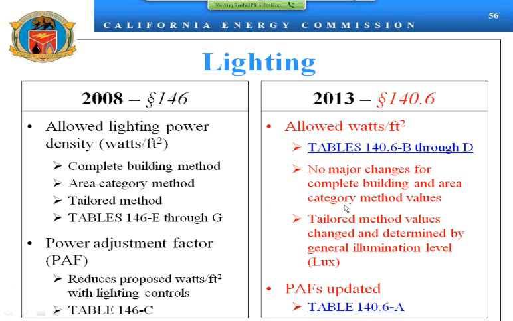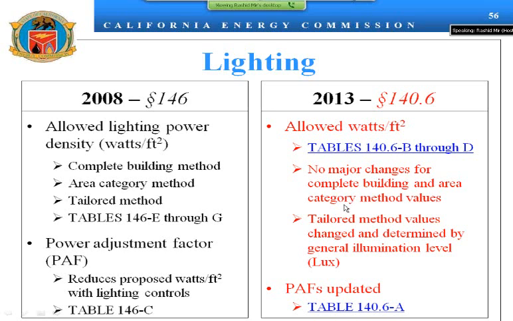We also have power adjustment factors, or control credits, that allow the applicant, the builder, to calculate a reduced proposed watts per square foot if they install controls in accordance with table 146-C.